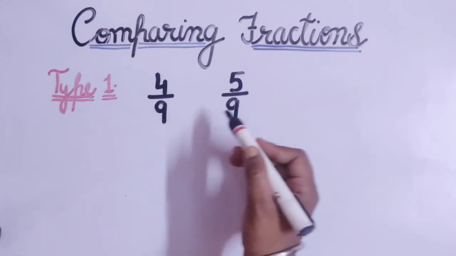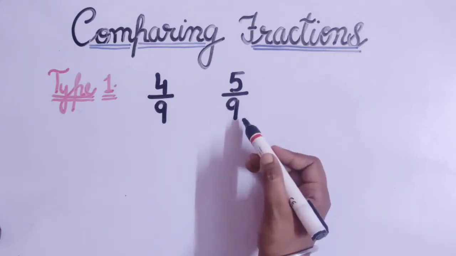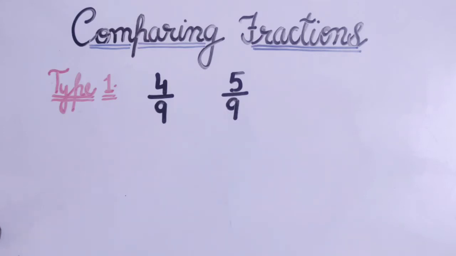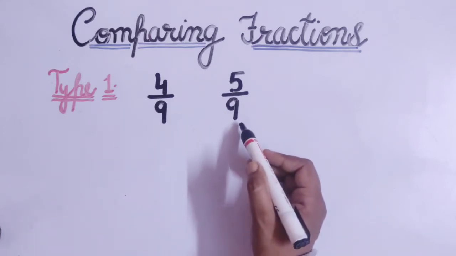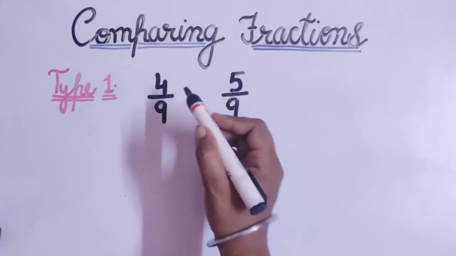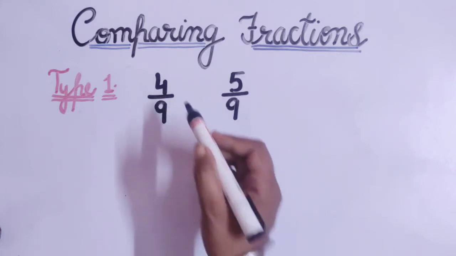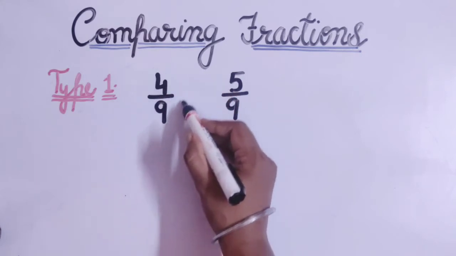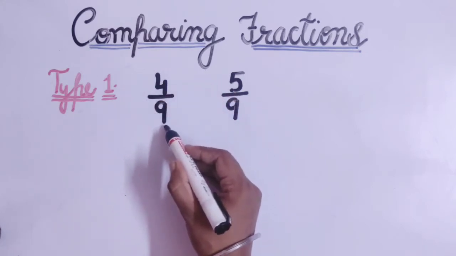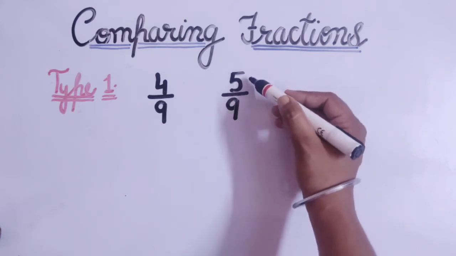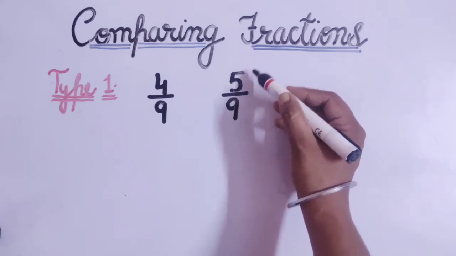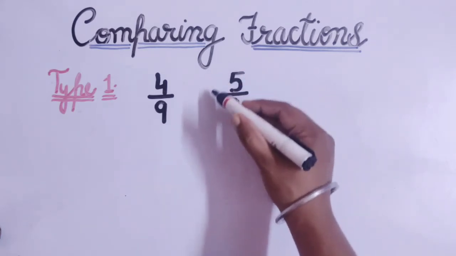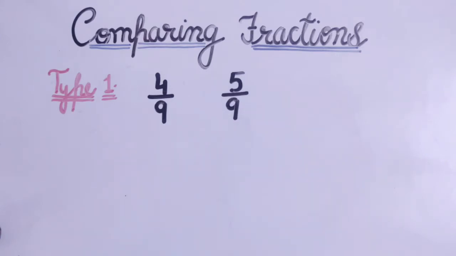Two fractions are given to us, 4 by 9 and 5 by 9. When the denominators are the same, we check the numerators. If the numerator is smaller, the fraction is smaller. If the numerator is greater, the fraction is greater.